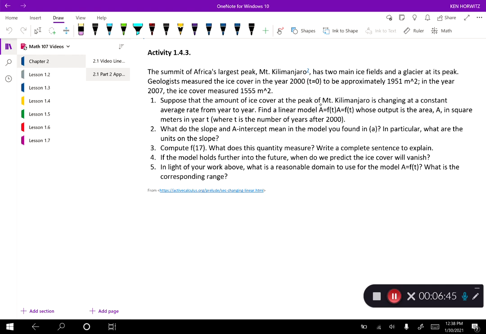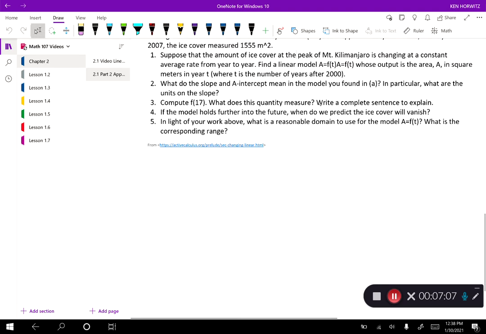Suppose that the amount of ice cover at the peak of Mount Kilimanjaro is changing at a constant average rate from year to year. And that's key. With a linear model, the slope is always a constant average rate of change. All right, so we're looking for a linear model whose output is the area A in square meters in the year t. So again, t is going to be our change.